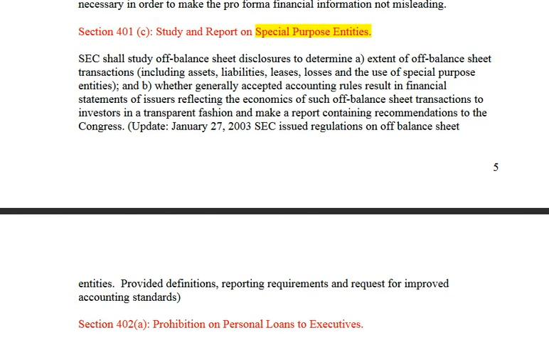Section 4.1c. Study and report on special purpose entity.